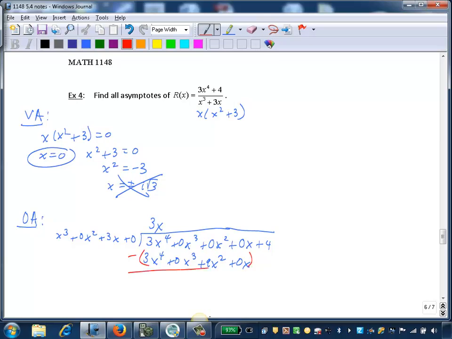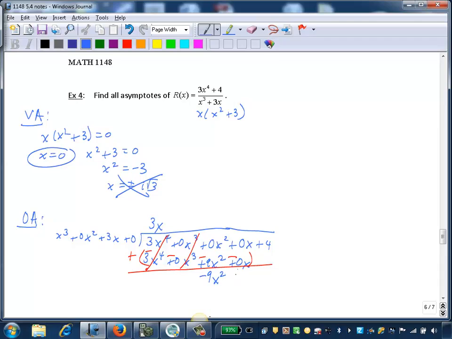We want to subtract. And if we want to distribute that negative to all these terms so we don't forget, subtract the 3x to the fourth, and you get 0. These are just zeros anyway. And then we want 0x squared plus negative 9x squared, so that gives us negative 9x squared.